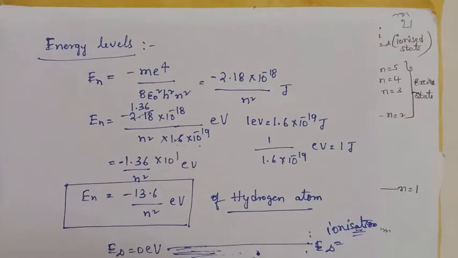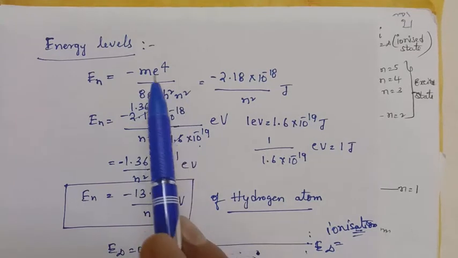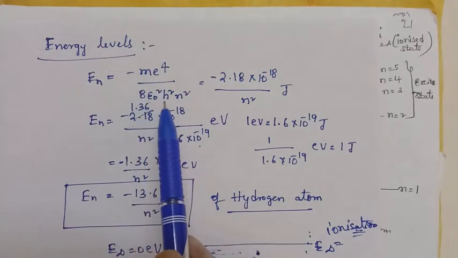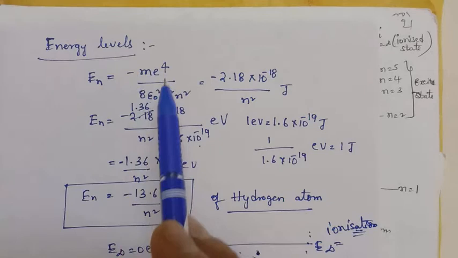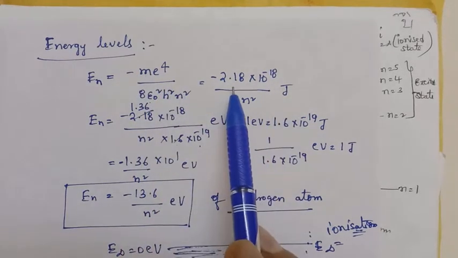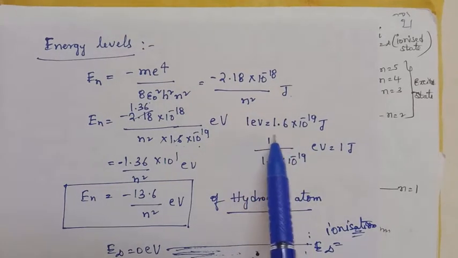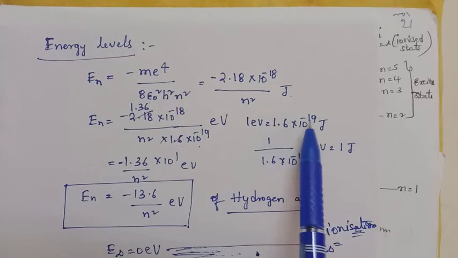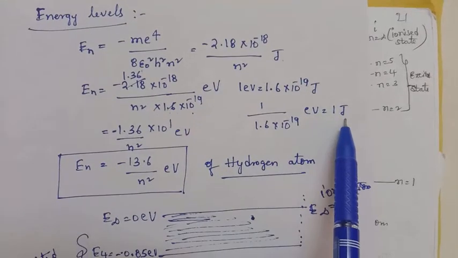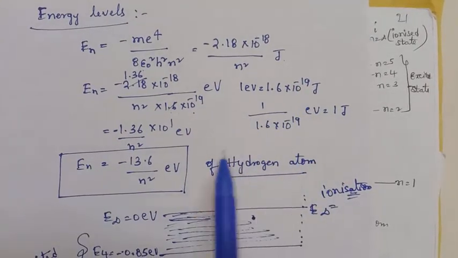So En is a function where you have to substitute m, e, epsilon naught, and Planck's constant h. Then we are getting the value in terms of joules. Then you have to convert from joules to electrovolts, where 1 electrovolt is equal to 1.6 into 10 to the power of minus 19 joules. Then 1 joule is divided by that value.